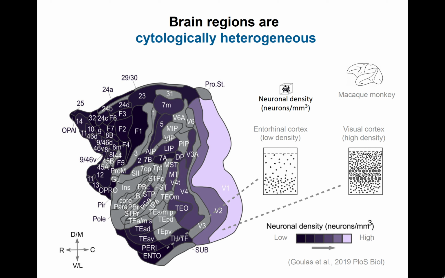For instance, the entorhinal cortex exhibits very low density, but as soon as we start transitioning towards primary visual areas, and we end up in V1, we see that the neural density becomes higher and higher. So we can quantify with neural density the cytological heterogeneity that manifests as spatially ordered changes across the cortical sheet of different mammals.